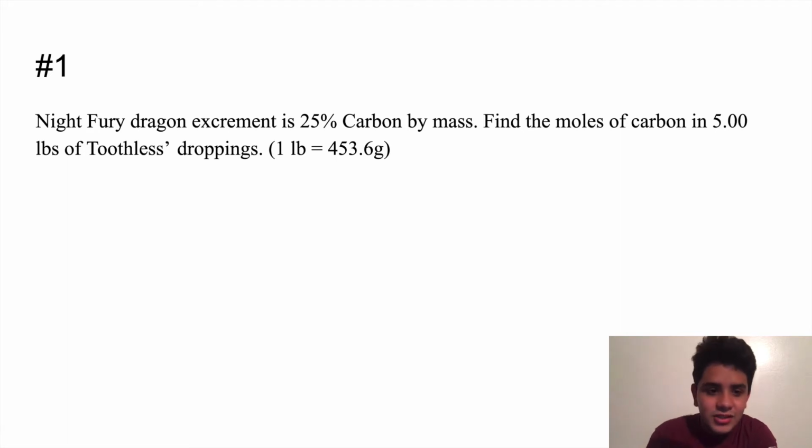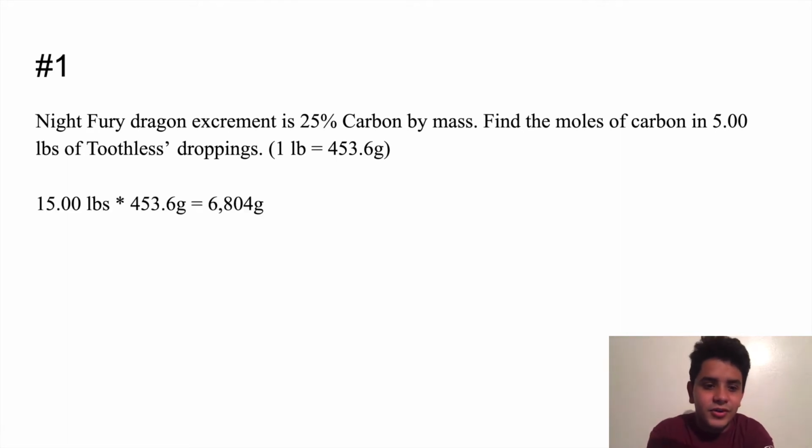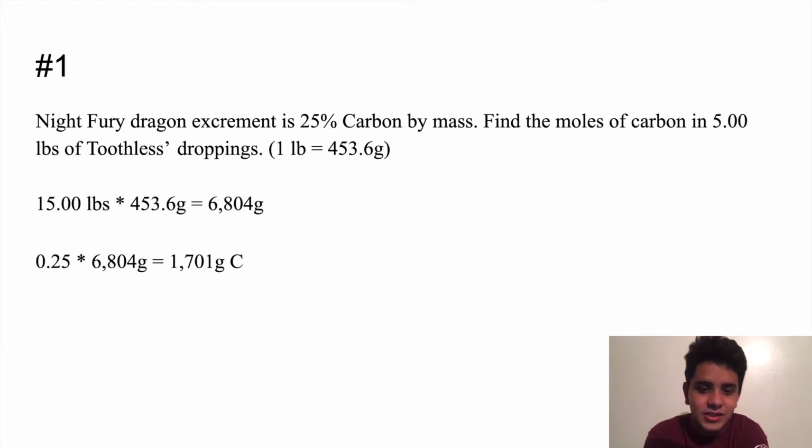So the first thing we're going to do is convert your pounds to grams. We use the conversion that I gave you right here, and that'll give you 6,804 grams. The second thing you're going to do is find the percent of carbon in that. As indicated by the question, it's 25% carbon by mass.